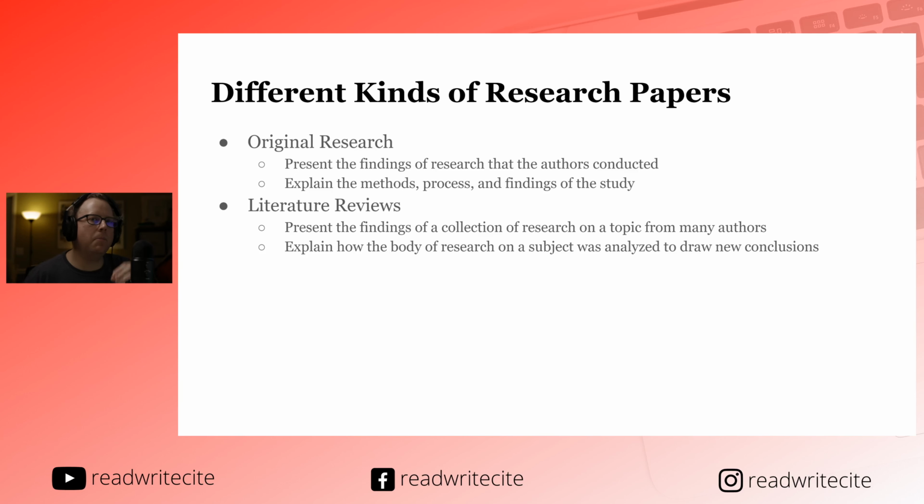So the paper is going to present the findings of the research that they conducted themselves. They're not reporting on what someone else did. They're presenting their own research. As part of that, they're going to explain the method, how they went about doing it, the process they took, and what they found.